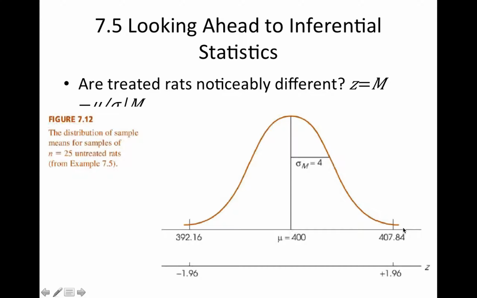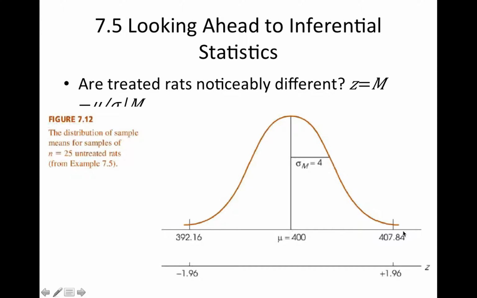If we were to get a mean in that range, 2.5% of the time we might see it on the left, 2.5% we might see it on the right. Let's add this together and say 5% of the time, maybe, if we take a mean from just those people who had high cholesterol, we might get a mean in one of these tails.